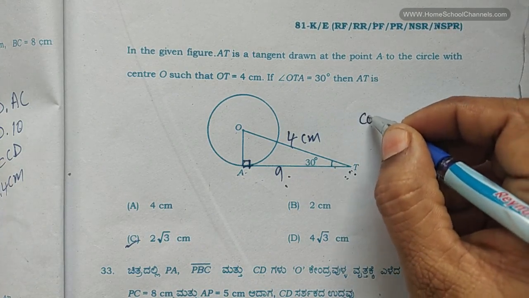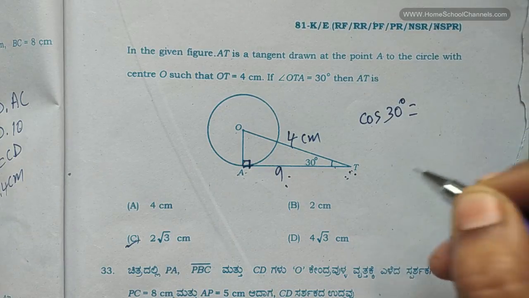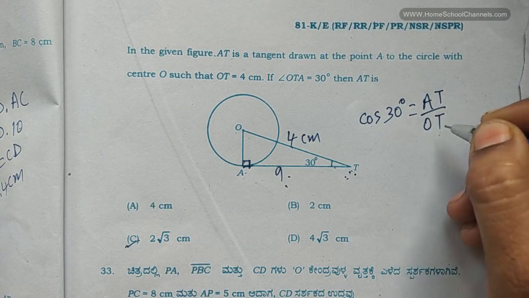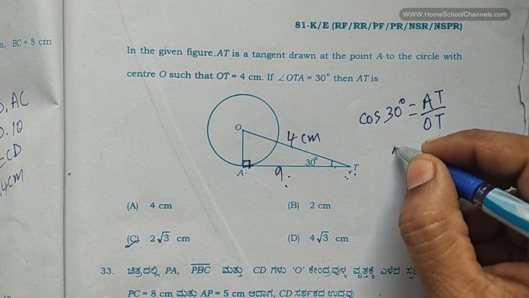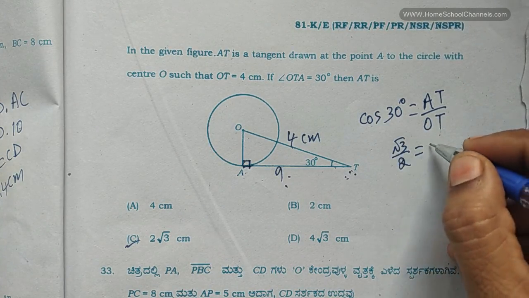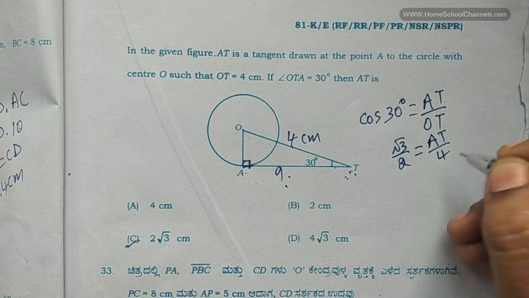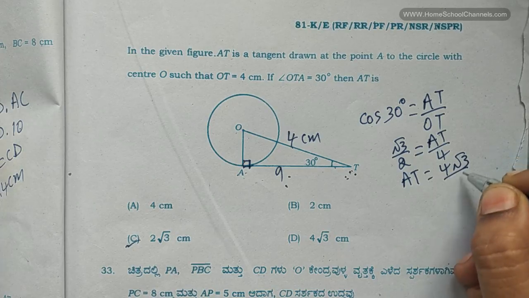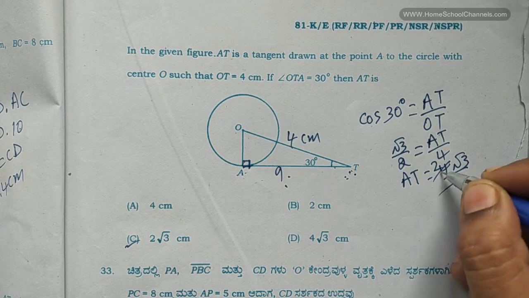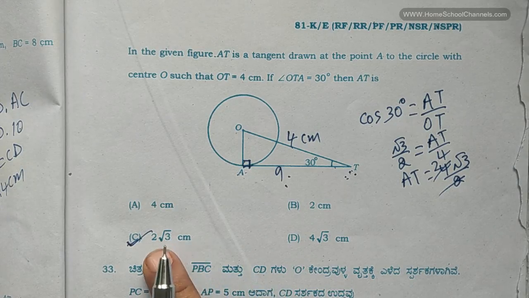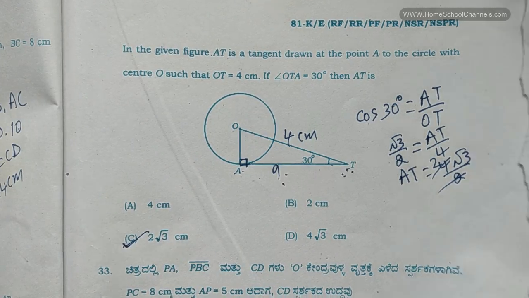Which ratio? Cos 30 degree is equal to adjacent AT by hypotenuse OT. Cos 30, it is root 3 by 2. AT value we don't know. OT is 4. AT is equal to 4 root 3 by 2. Cross multiply. That is 2 root 3 centimeters is the right answer. That is your option C is the correct answer.